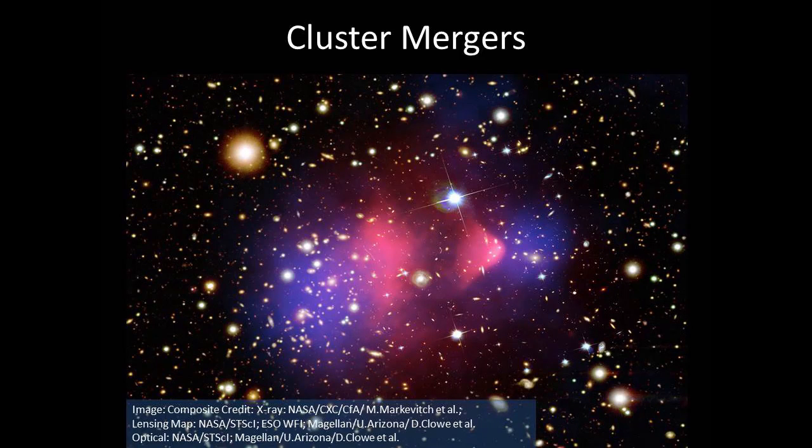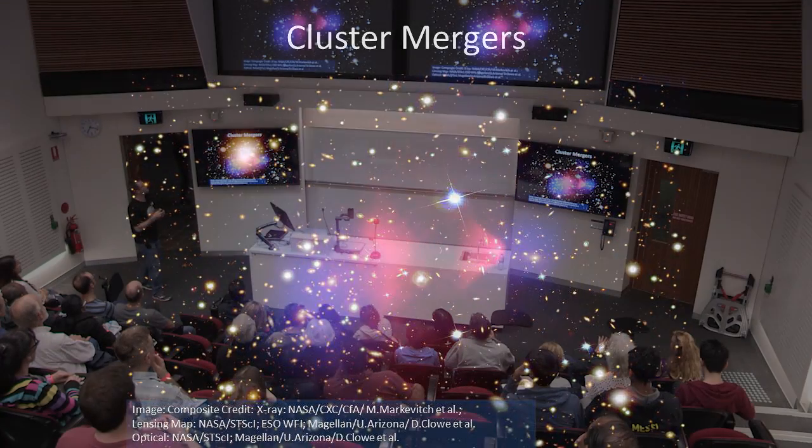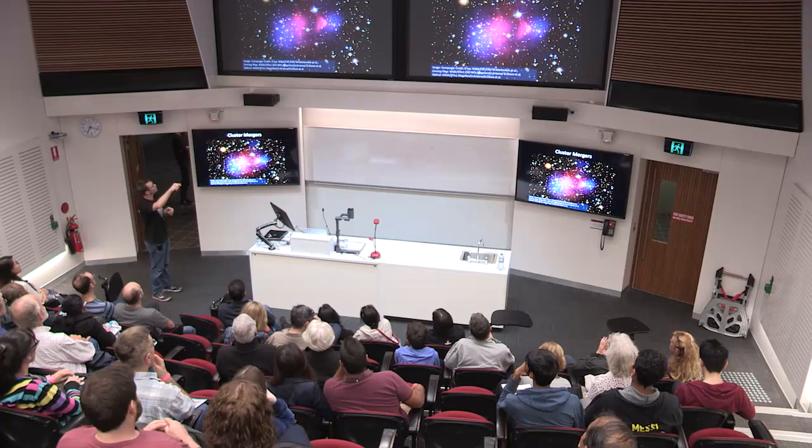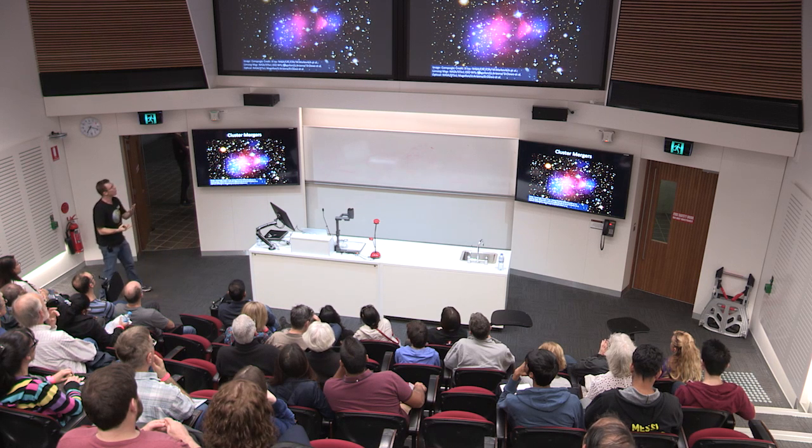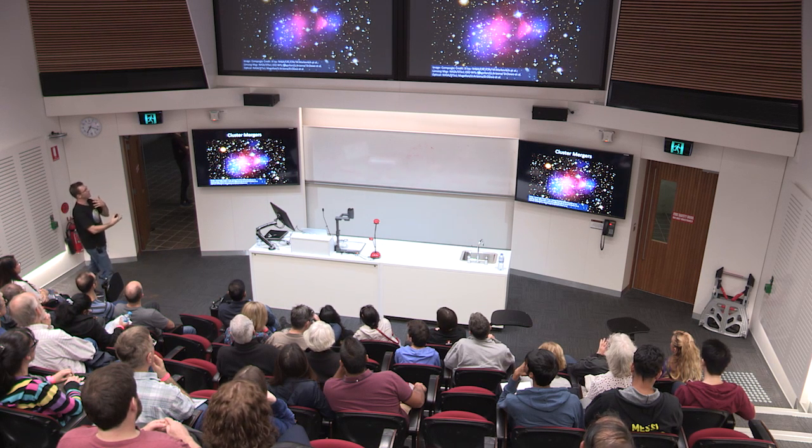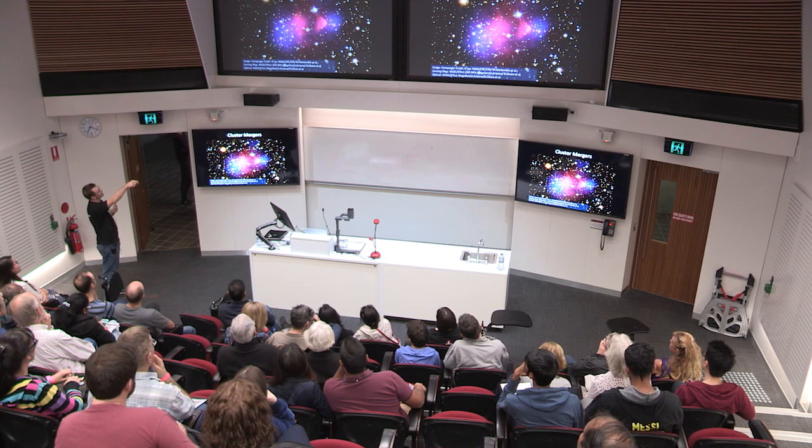So that's actually quite useful for us because many people might have heard of this cluster. This is the Bullet cluster. It got a fair bit of press around 10 years ago. And again, I'm showing the blue shows where the mass in the cluster lies, and the pink shows where the gas is, and the background shows the galaxies. Now, if you recall what I just said, when galaxies collide, so what's happened here, this thing looks like a bullet, right?